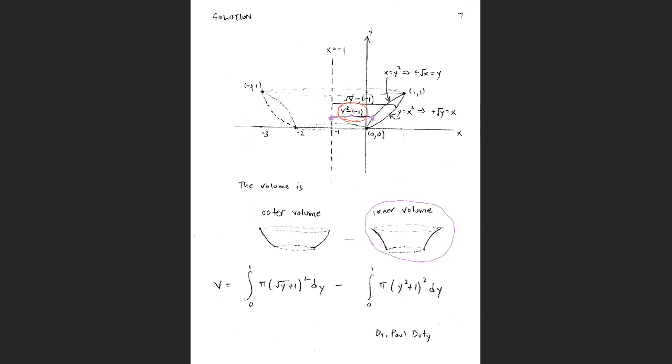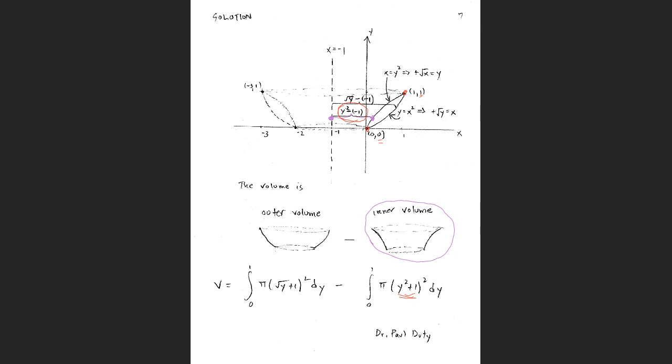So you see the pictures really are helpful. If you get a good picture, these problems are not that hard to do. The limits are from 0 to 1, of course, the y limits, because the points of intersection on the region go from the origin to the point 1, 1. So y values go from 0 to 1.